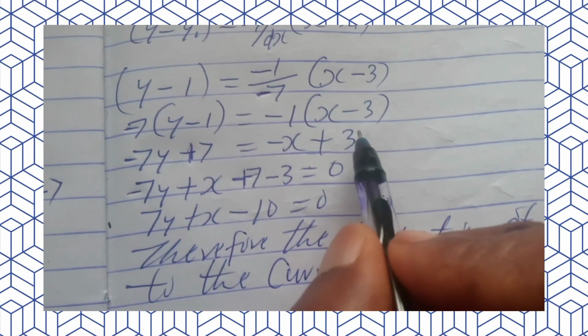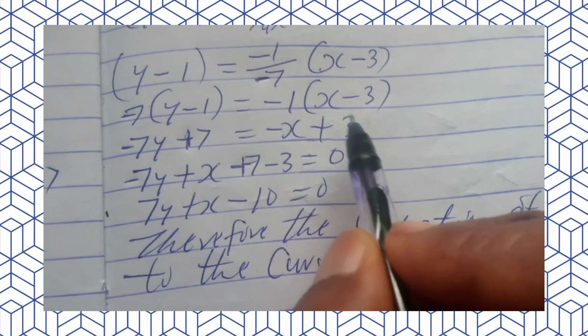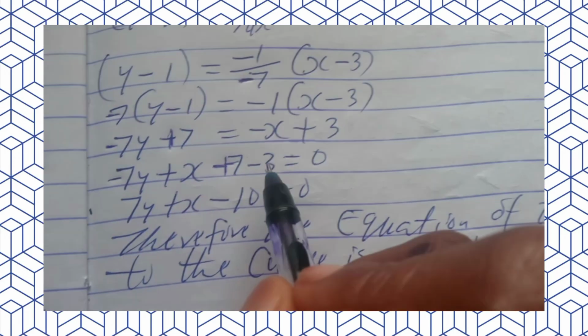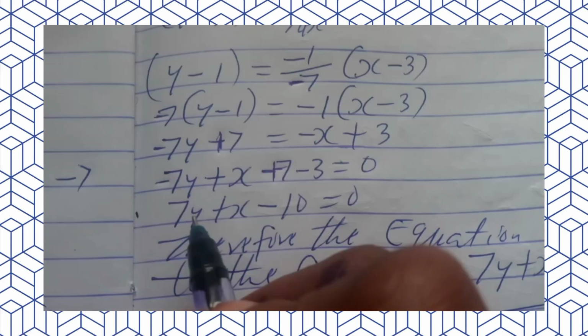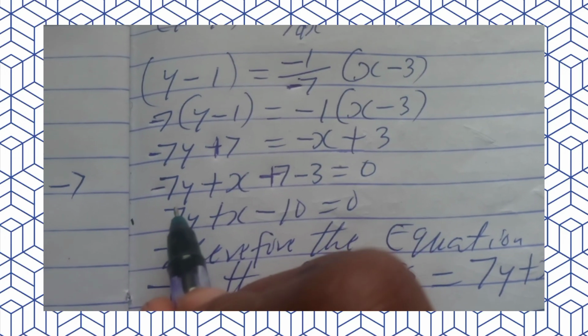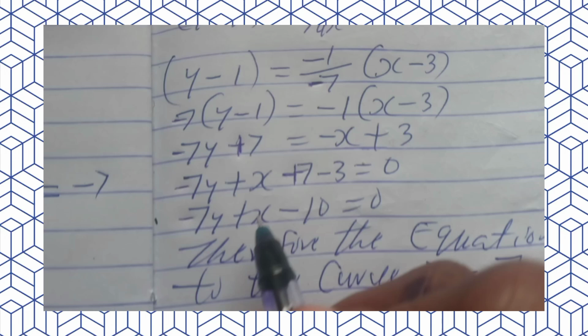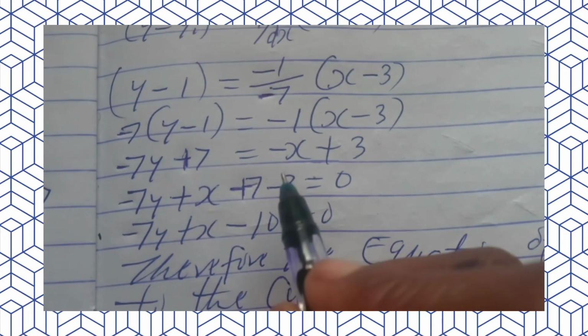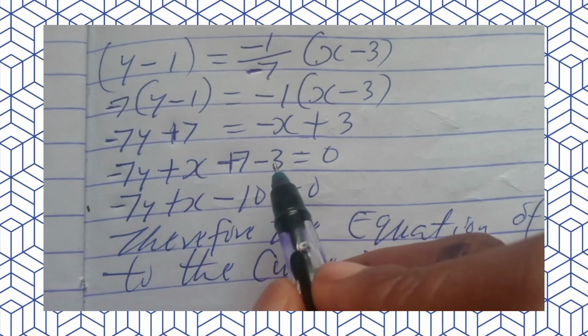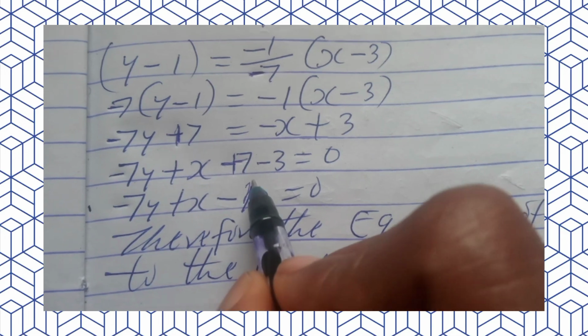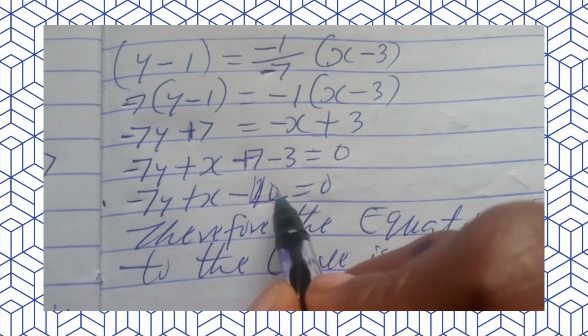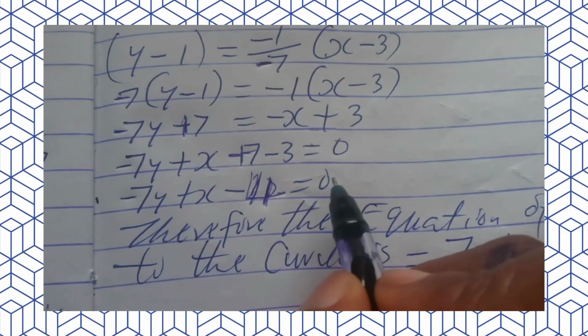When this positive 3 crosses from the right hand side to the left hand side, it becomes minus 3. So we have minus 7y plus x, then 7 minus 3 is 4, equals 0.